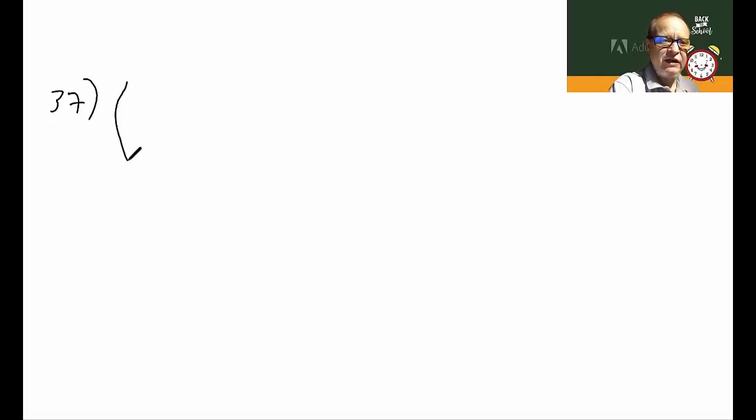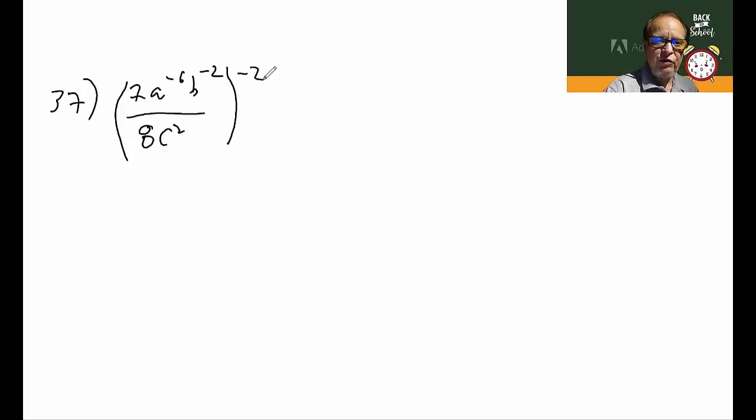I can have 7a to the negative 6, b to the negative 2, all over 8c squared, and there we have to the negative 2. So what I'll do is I'll just change the position inside the quotient and make this positive.